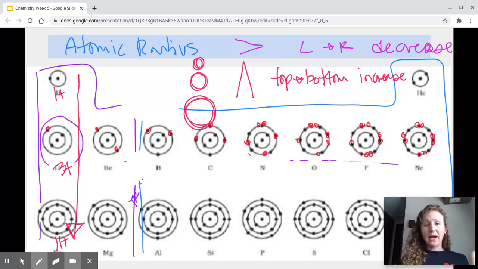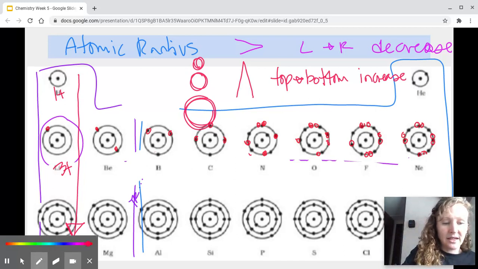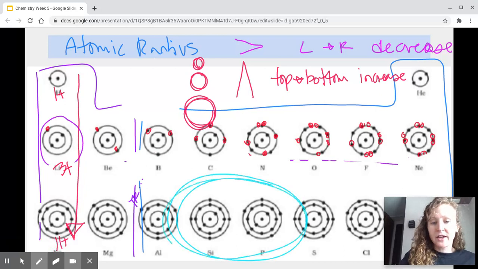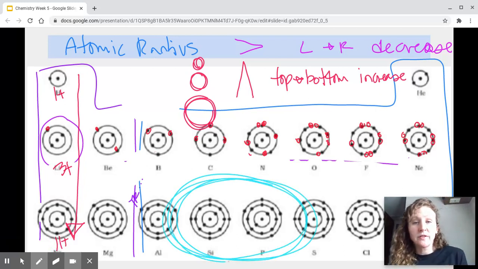Like I said, we're going to come back and we're going to talk through ionization energy, electronegativity, and then also the ionic radius once we get into ions. So I want you to do a little bit of prediction here before we go, just to check in, and we'll do a little bit more practice in class. So if you were going to rank the size between, let's say, silicon and phosphorus, which one of those would be larger?